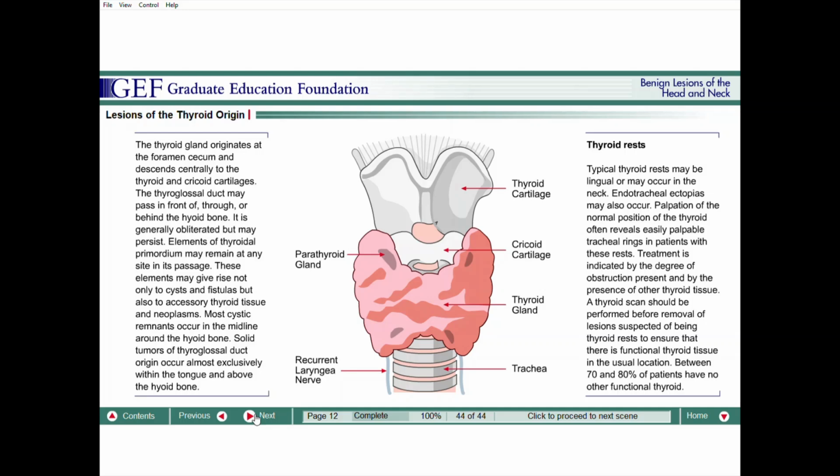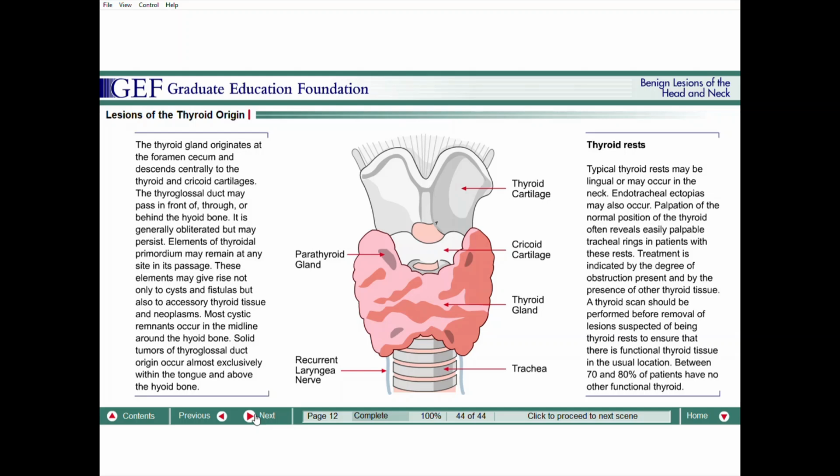These elements may give rise not only to cysts and fistulas, but also to accessory thyroid tissue and neoplasms. Most cystic remnants occur in the midline around the hyoid bone. Solid tumors of thyroglossal duct origin occur almost exclusively within the tongue and above the hyoid bone.